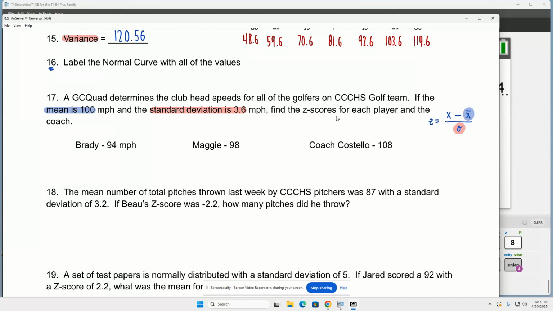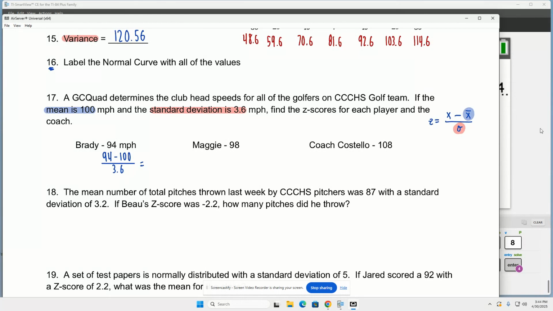Well, X. Because we're finding the z-score. We're finding this value that's over here all alone. So for all of these problems, we're simply going to plug it in to X. So for this one, you're going to go 94 minus 100 divided by the standard deviation 3.6.